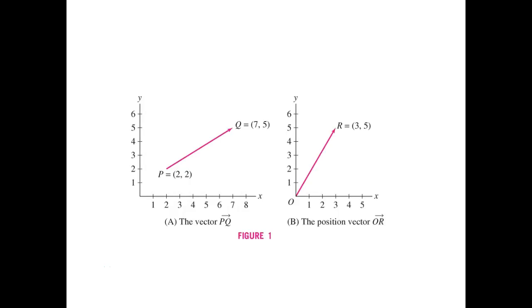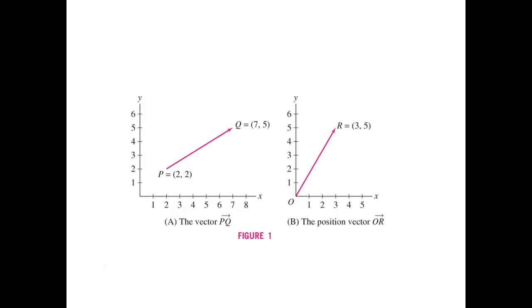A line means the shortest path between two points, and directed means one's the initial and one's the final, so it's got a direction. A line is infinite in both directions, a ray is infinite in one direction, a line segment is terminal in both directions, but this is a directed line segment, so a straight line pointing from one point to the second point.